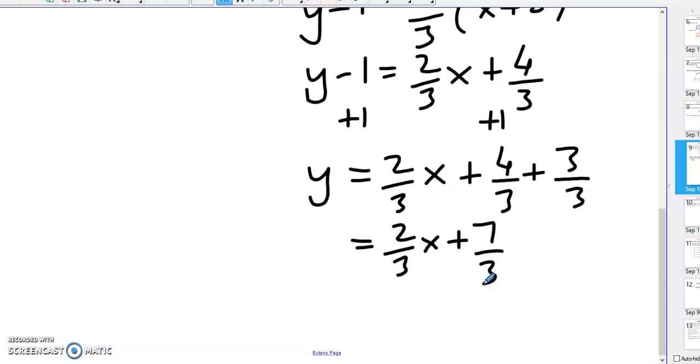And now I can't have fractions for this standard form. So I multiply everything by a common denominator. In this case, it's 3 for everything. So let's multiply both sides here by 3.